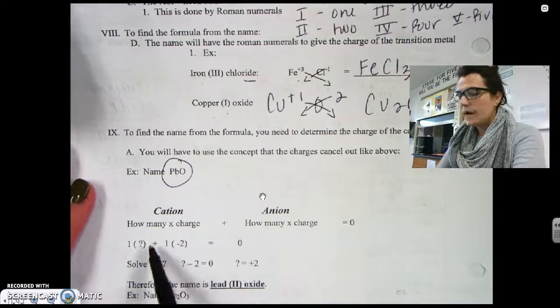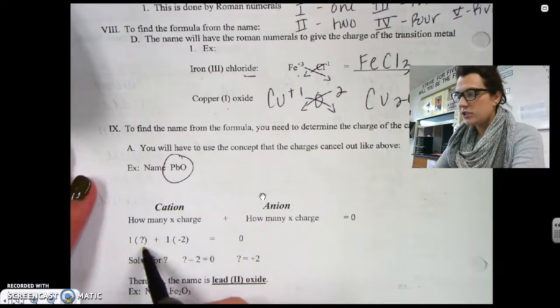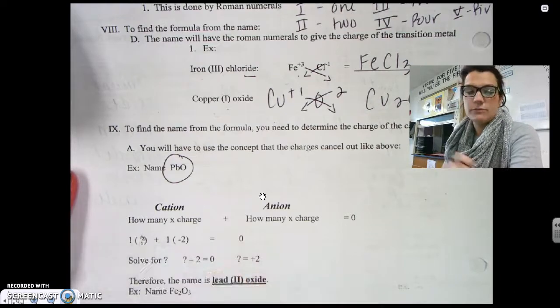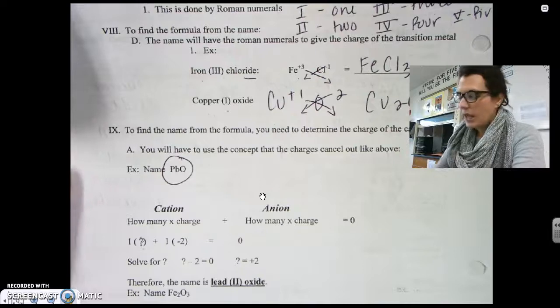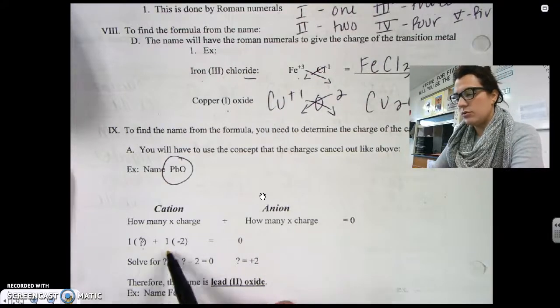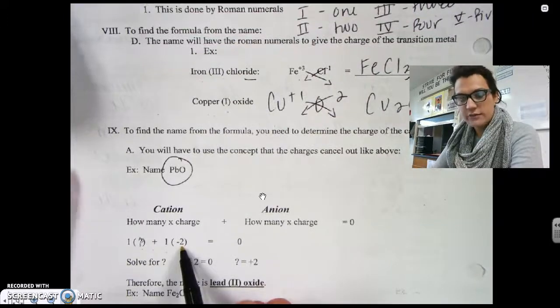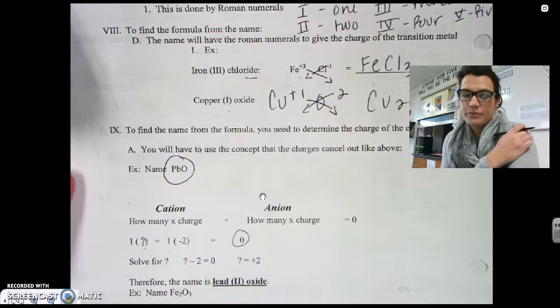Okay, so I'm going to ask myself, how many cations do I have? And the answer is 1. My question mark is I'm trying to figure out what the charge of lead is, and I'm going to add that to 1 oxygen times its charge, which is -2, and I need to get it to equal 0 because the charges have to cancel out.